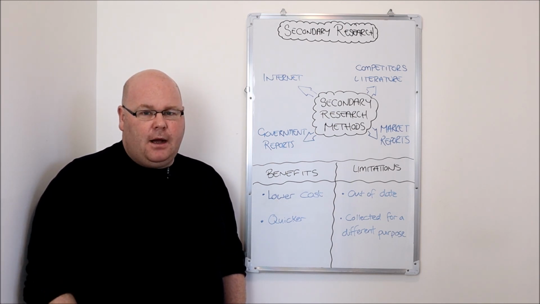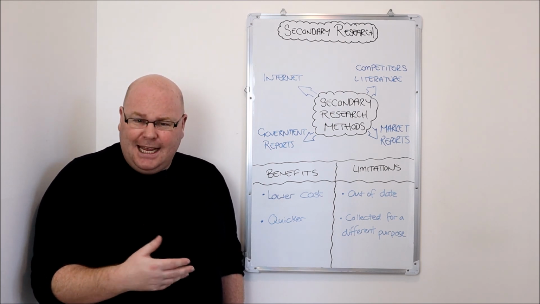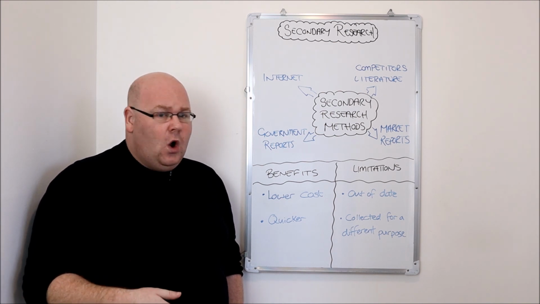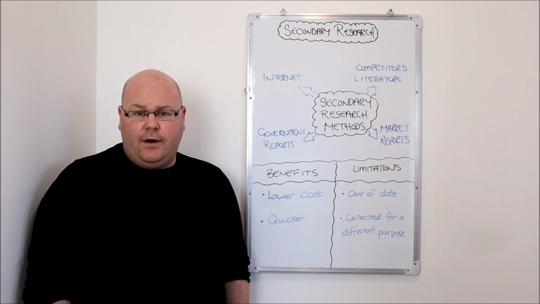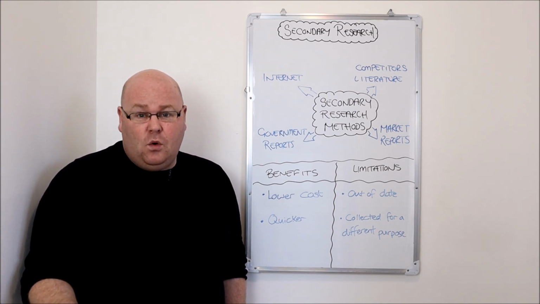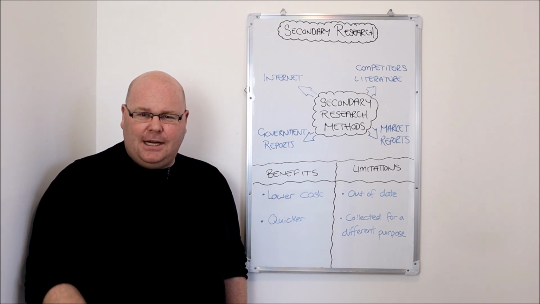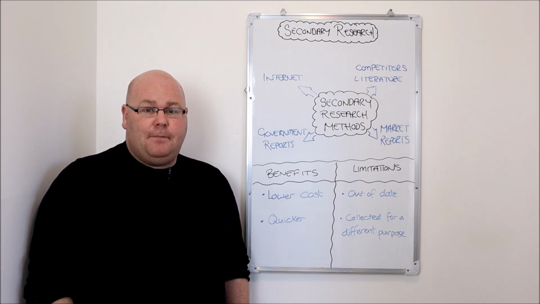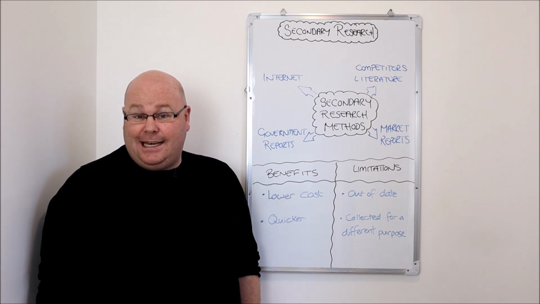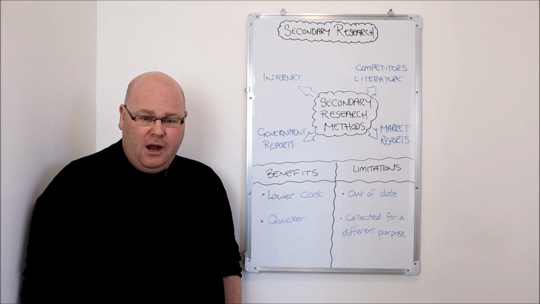With secondary market research, we might be able to get that information a lot quicker, particularly if it's using the internet to access government reports or to look at data that is on our rivals. We can find that information out maybe in the course of just one day, and then we can get straight to analysing that information and judging what it might mean for our business far quicker. So we get to learn about our market with secondary research potentially far quicker than we might do with primary.